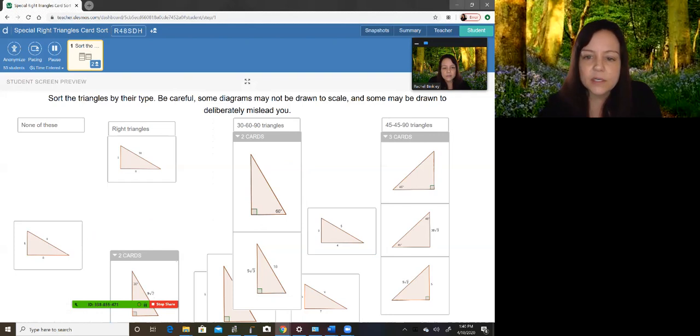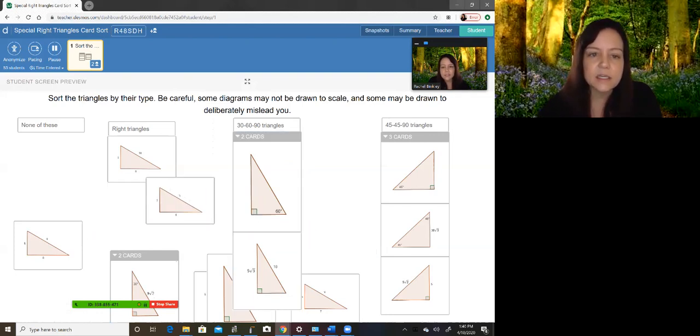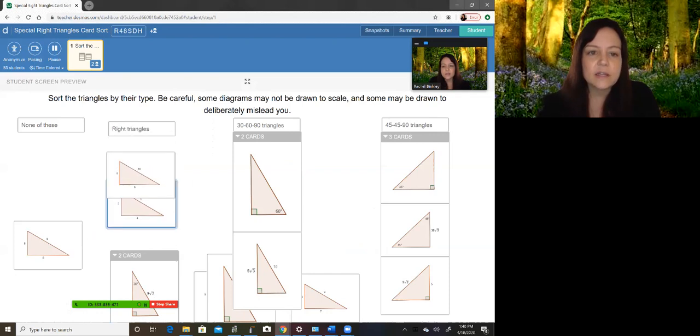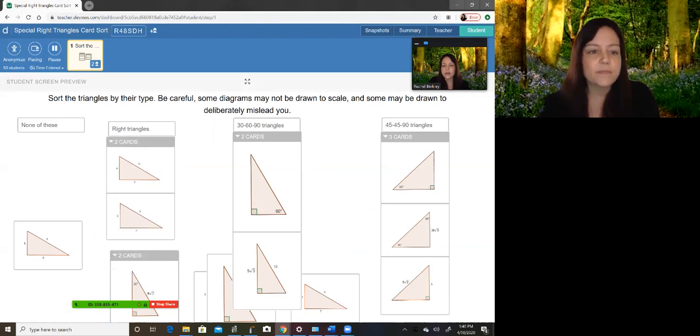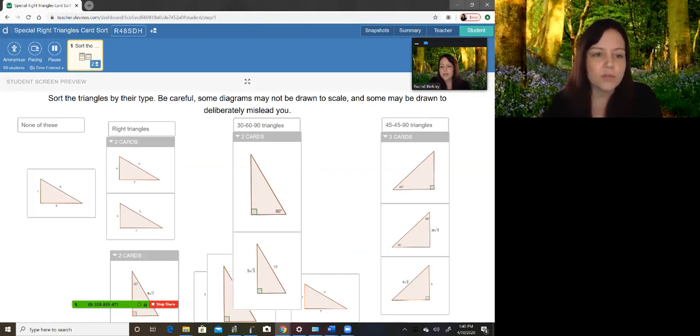So in that case, this is not that one. Where did it go? This one is a right triangle. How do you make them connect? Oh, there we go. Okay. All right, let's check this one. We have one side 8, one side 5, one side 9.